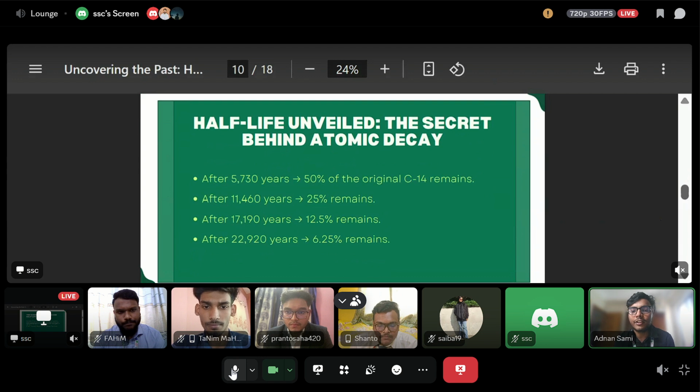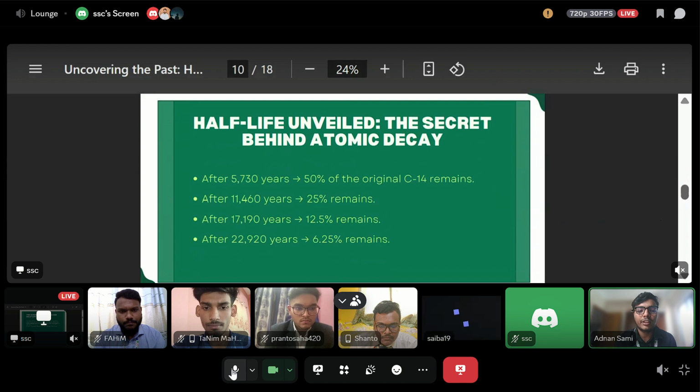After 5,730 years, 50% of the original carbon-14 remains. Then after 11,460 years, only 25% remains, and after 17,190 years, the amount decreases to 12.5%, and at last after 22,920 years, only 6.25% remains.